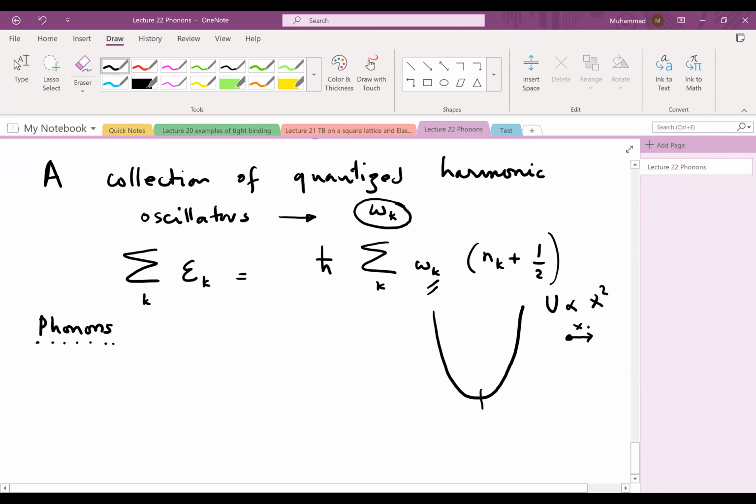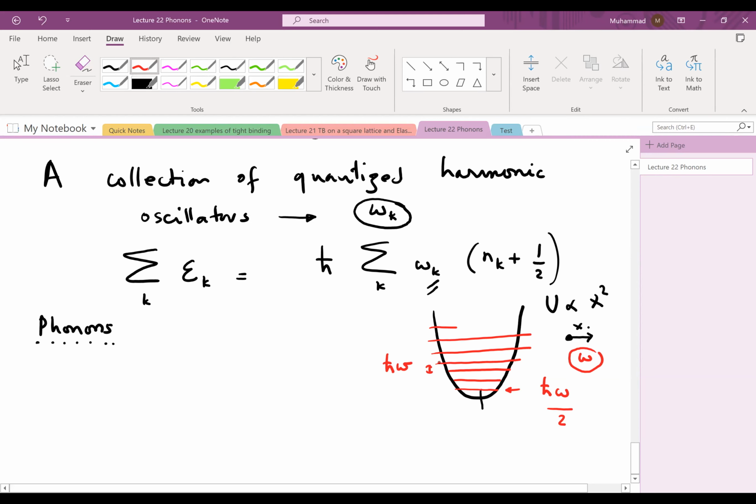Okay, and you found out that there are equally spaced energy levels. The lowest energy level is quite luckily not equal to 0. It's some h bar omega over 2. Omega is the normal mode frequency of this oscillator, and there's a spacing between these levels which is given by h bar omega.